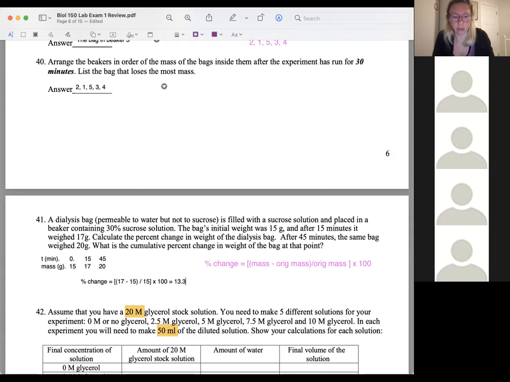And that's going to be 13.3%. Oh, and I see you've already given us the next one too.